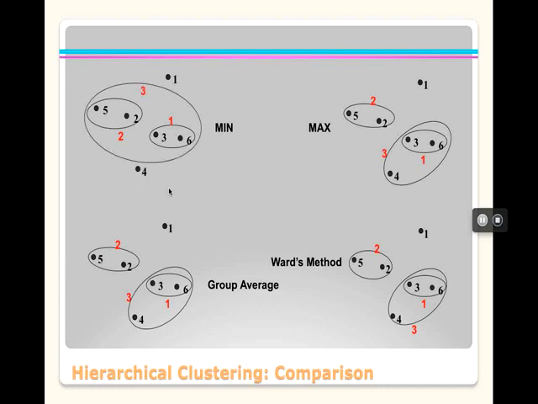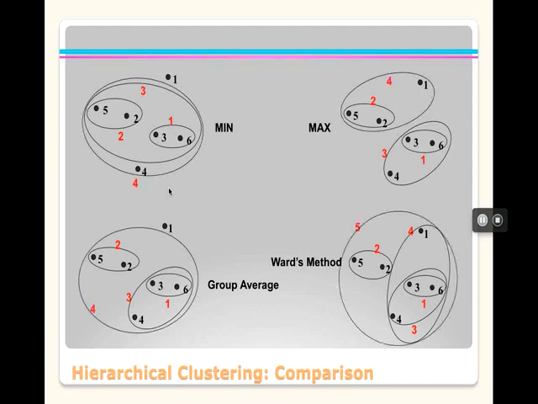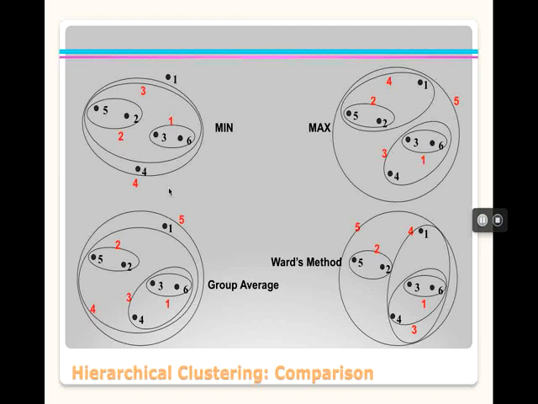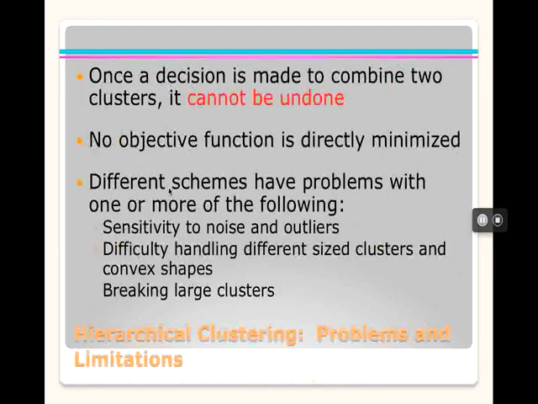Here is the difference in the minimum, and as we continue, you see the differences in computing the distance, either the minimum or the maximum, until we finish the fifth set. So we have one technique, which is hierarchical, but based on which distance or matrix you use, you can generate different types of clustering. And as you can see, the cluster sizes are different, not like k-means, not one size of cluster.